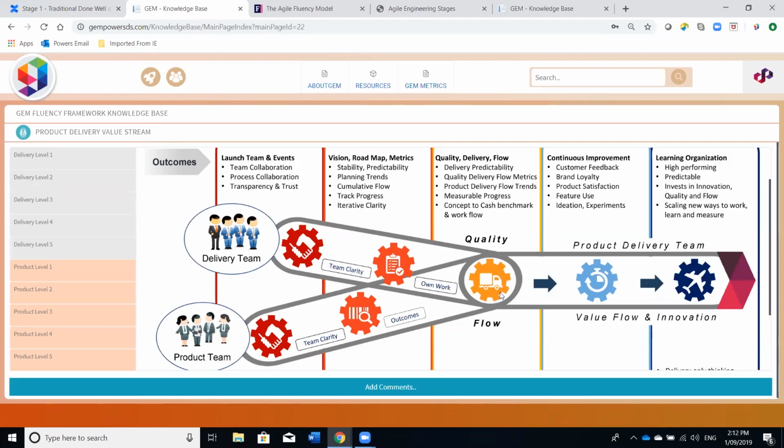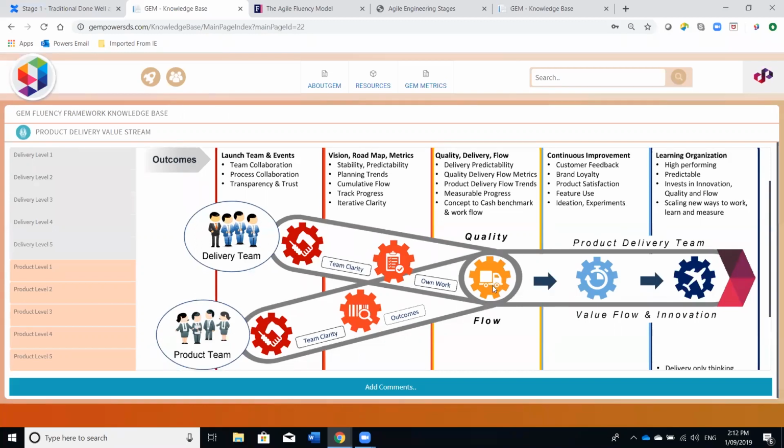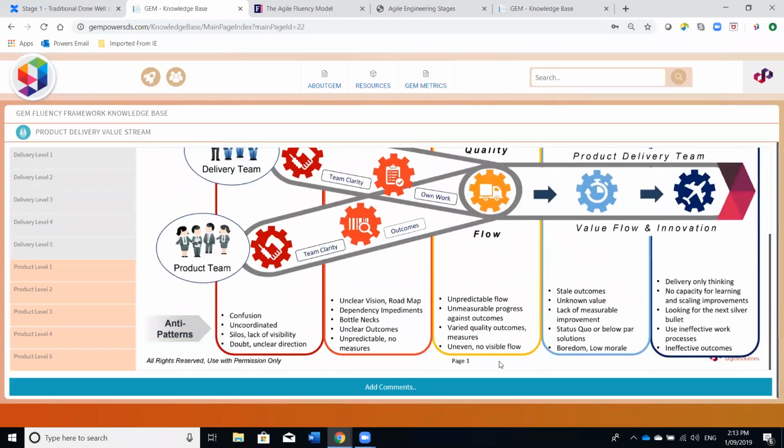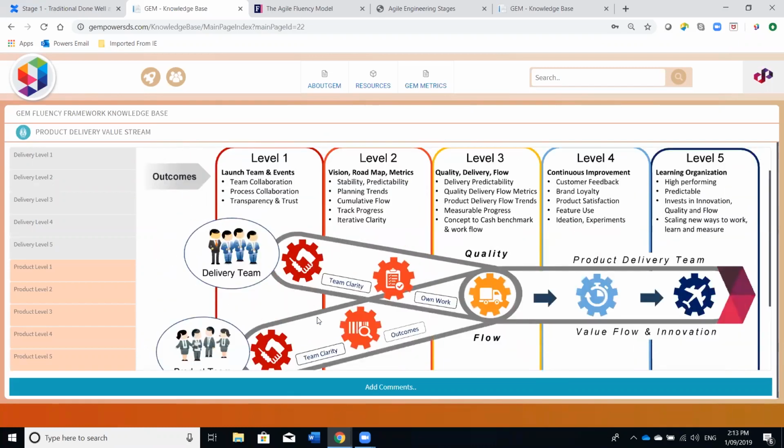So we really need to bring the product team along and help them understand how to develop quality flow. And you can see if you have some of these anti-patterns, maybe the team's not really ready or in a position to leverage the engineering mastery value stream.